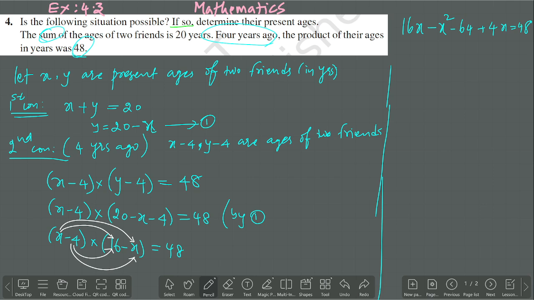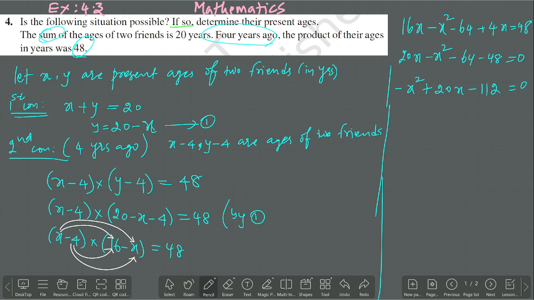Right, now simplify again. First 16x plus 4x, what you will be getting? 20x minus x square. Bring the 48 to the other side, then minus 64 minus 48 equal to 0. First write x square: minus x square plus 20x minus 112 equals 0.